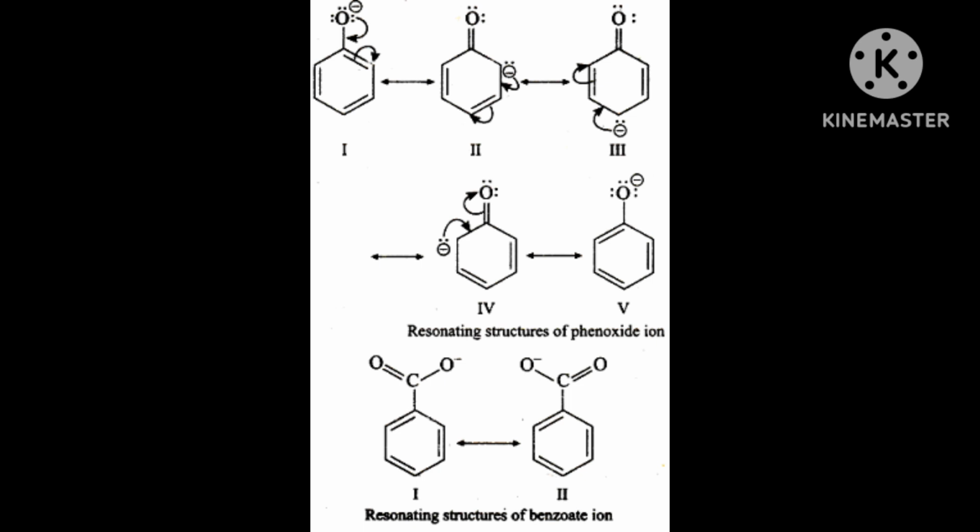Four resonating structures will be there. Already I have discussed, the delocalization of negative charge makes the phenoxide ion more stable and favors the ionization of phenols.